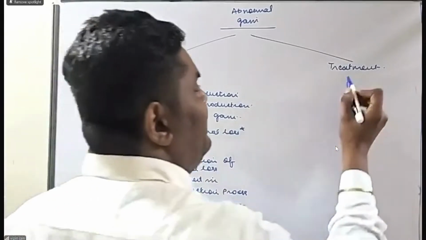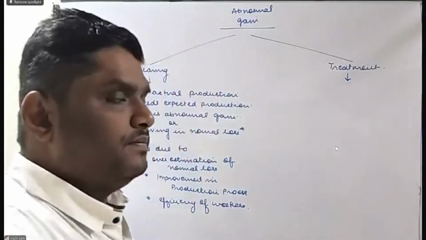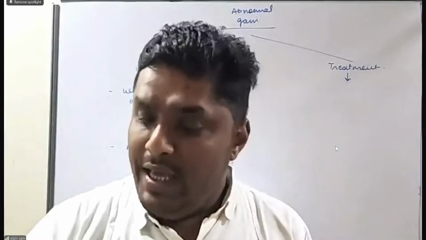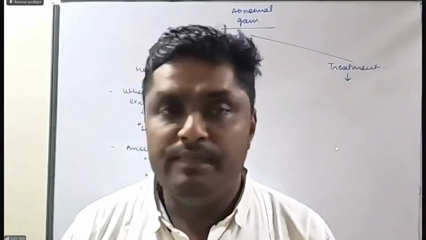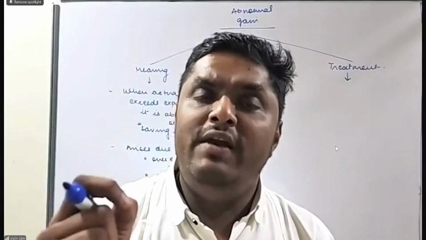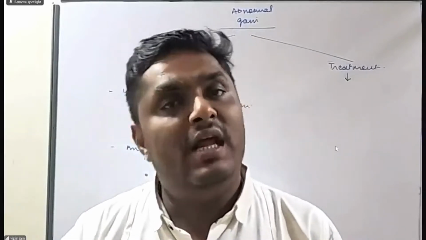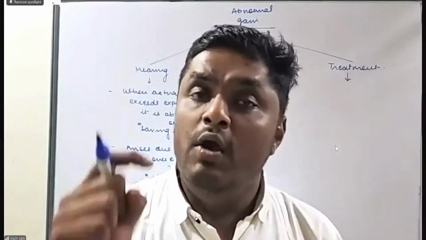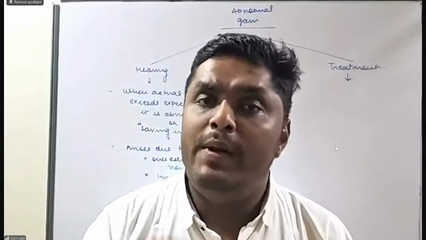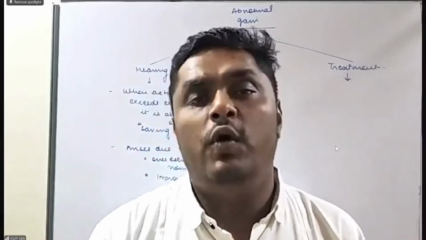When talking about the treatment, abnormal gain will be shown in the debit side of process account and thereafter transferred to costing P&L. When talking about the value of abnormal gain, it will be equal to the value of good units.